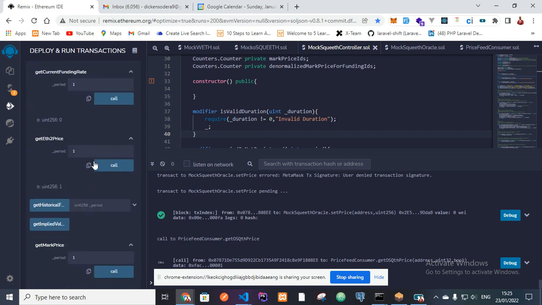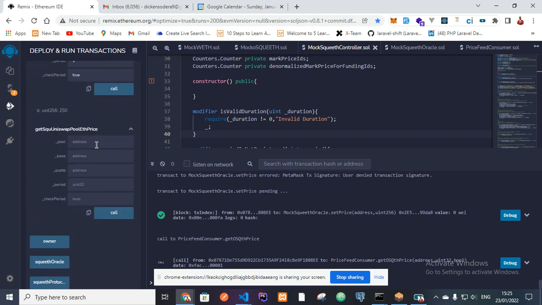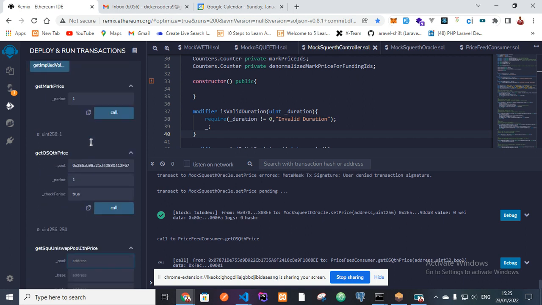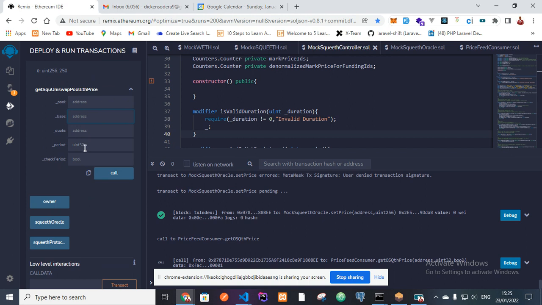Then at the same time, let's get the Uniswap pool ETH price. We'll specify the pool, which is our oracle. Then the base and the quote are the combination tokens.